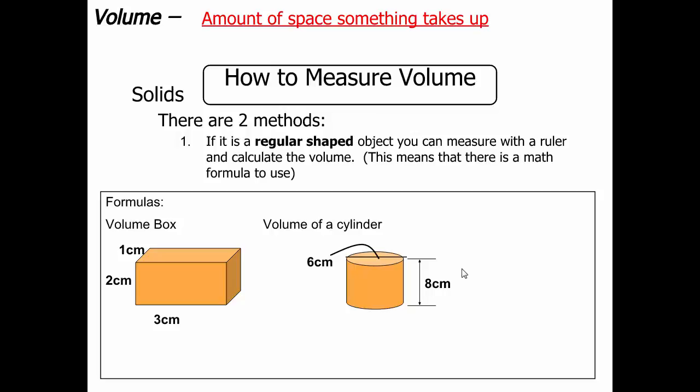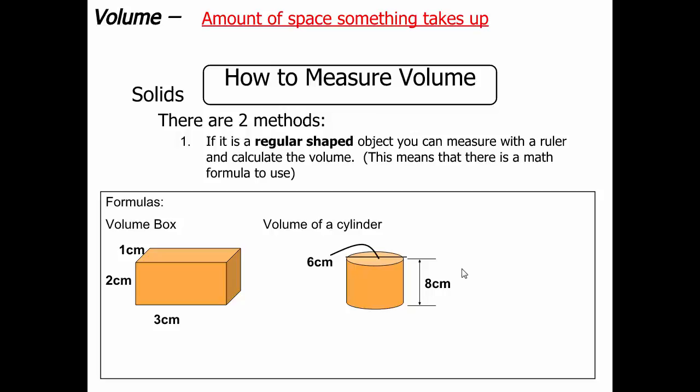shapes, objects, that are what we call regular shaped objects. Things like this. So each of these objects here is a regularly shaped object. A sphere, rectangular solid, rectangular prism, another rectangular prism.